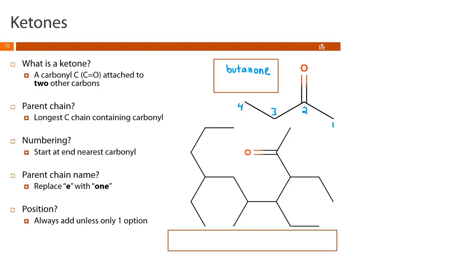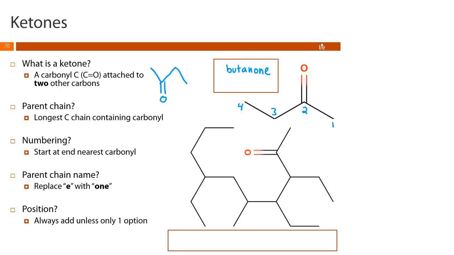So it's at position 2, but my question for you is, is there any other position the carbonyl could be on a 4-carbon ketone? So it can't be at positions 1 or 4 because then it wouldn't be a ketone, right? For it to meet the definition of a ketone, the carbonyl has to be attached directly to 2 other carbons, therefore it cannot be at one of the terminal carbons. So what if we move the carbonyl to position 3?